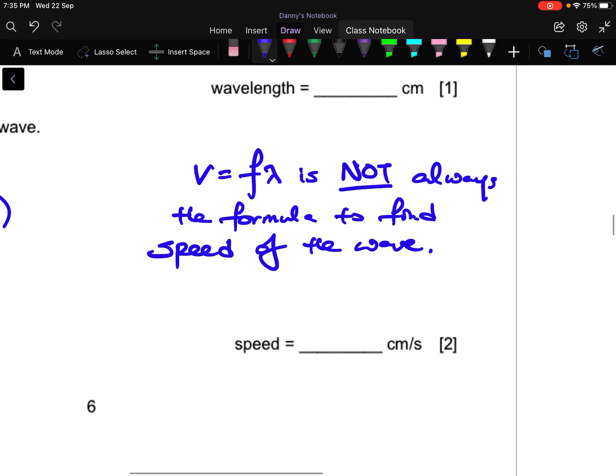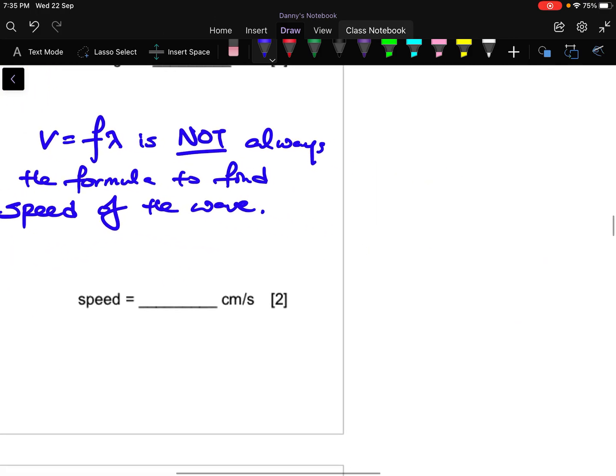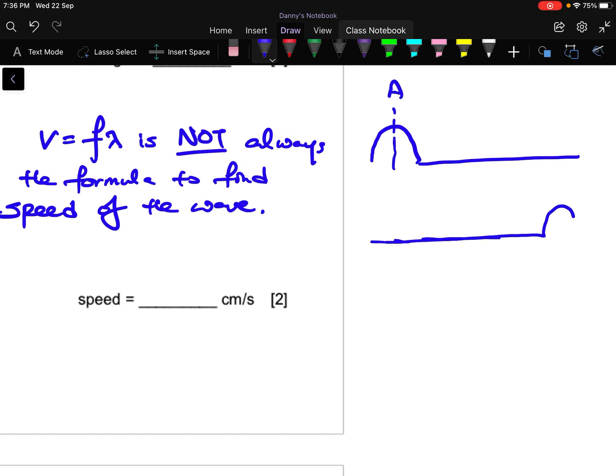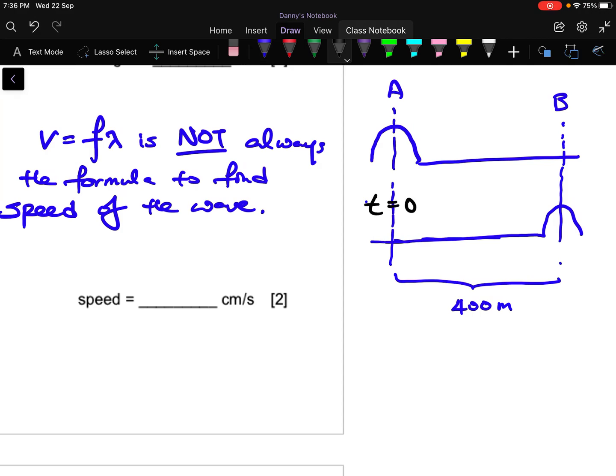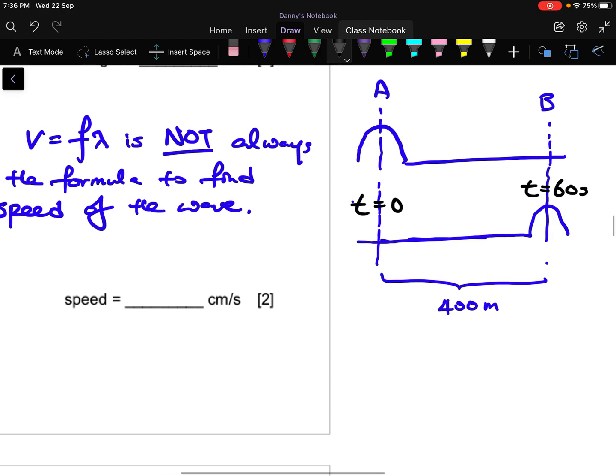Okay, I just want to warn you, not every time you must use v equals f lambda. I hope you still remember this question that says I have a water crest over here at A. Then after some time, this water crest has traveled to this place called B. In the context, they say A and B is about 400 meters, and the time taken for this wave to go from time equals 0 to B is around 60 seconds.